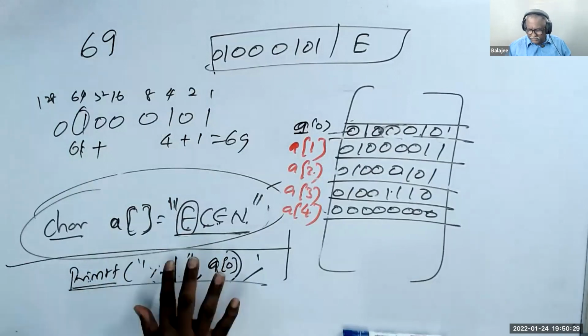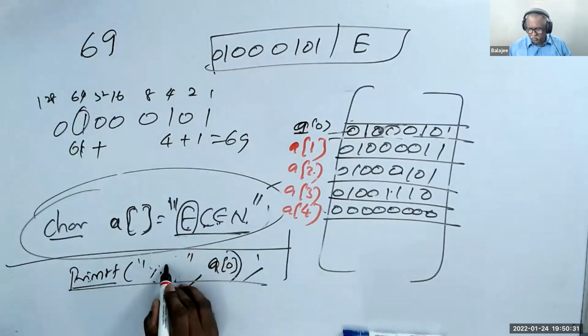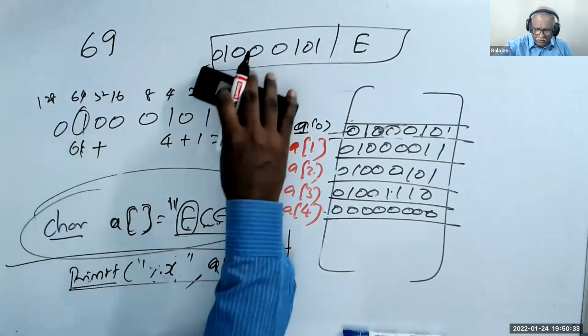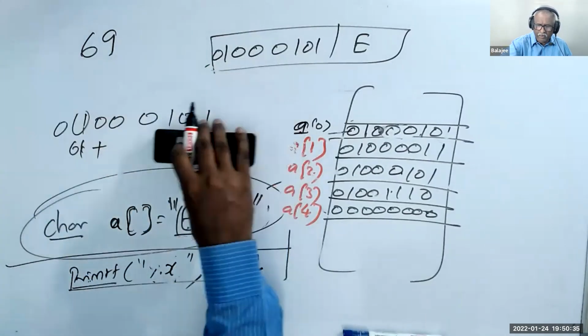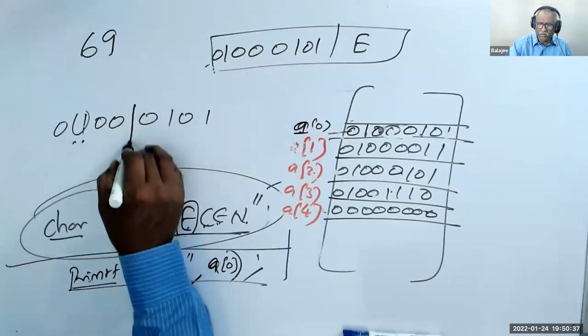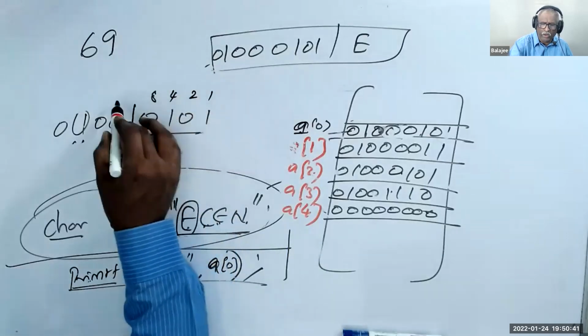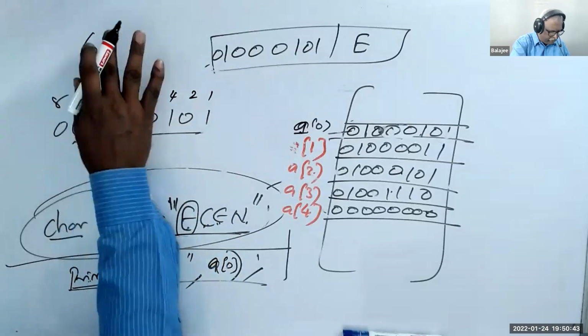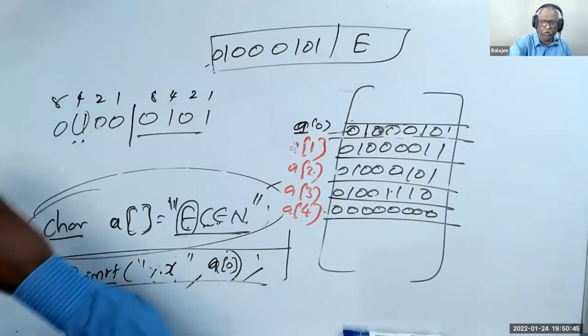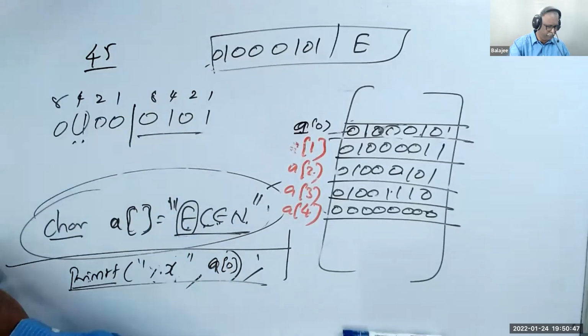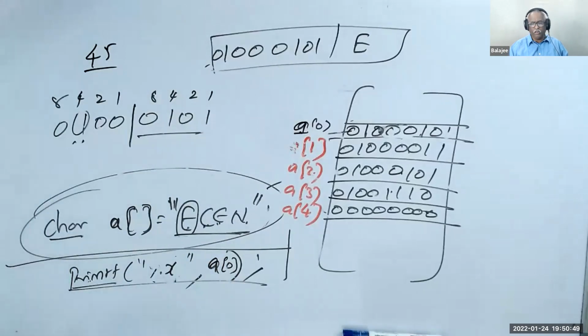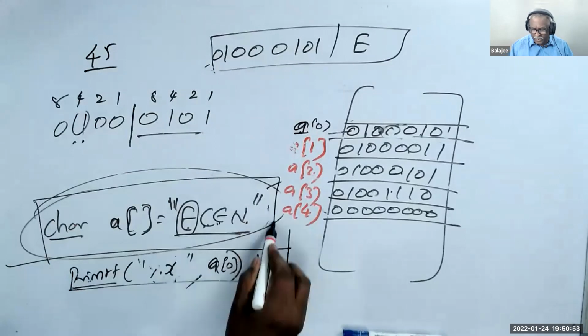Now, if you put percentage x, printf will read the same thing, but make it hexadecimal, and you get 45 on the screen. You understand: I do not change my first line at all.